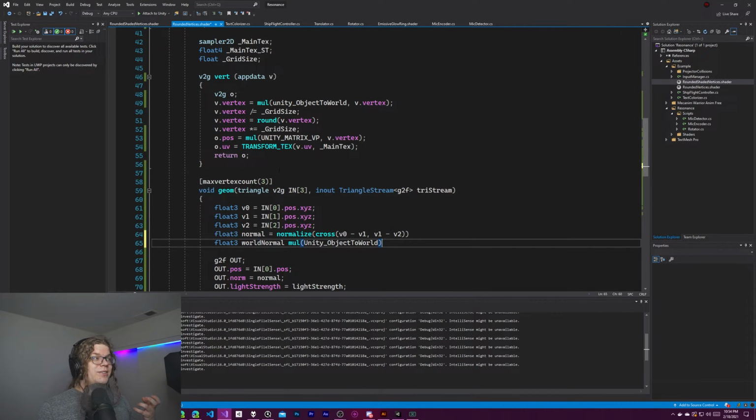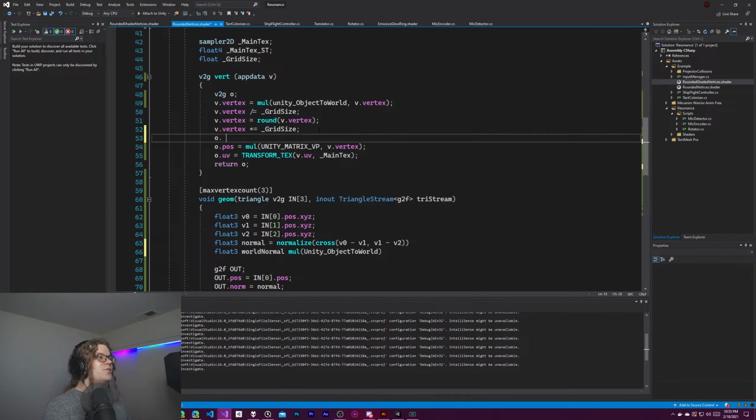The best way to do this may be to cheat. I don't know if this is the best solution, but we can actually just set the position equal to the vertex here. So our vertex is what we calculated, and then the position is what's being passed to our geometry shader. We can take this calculation.